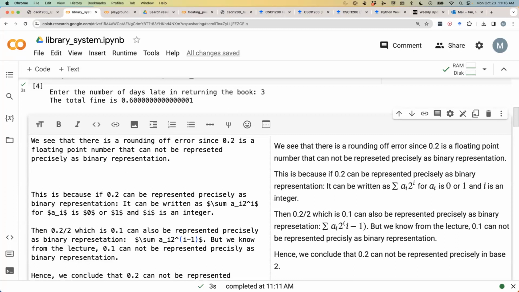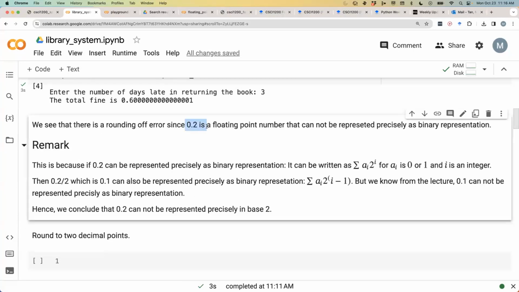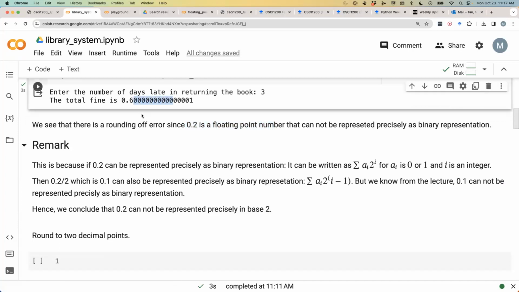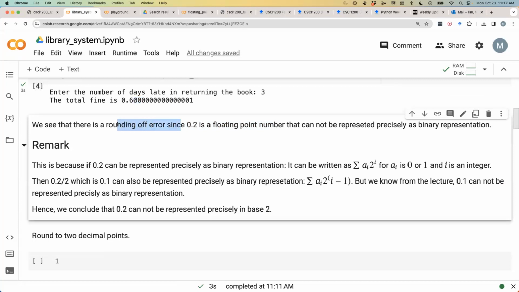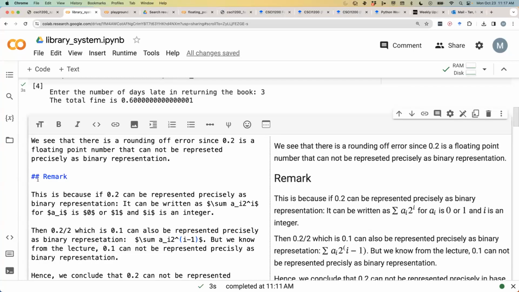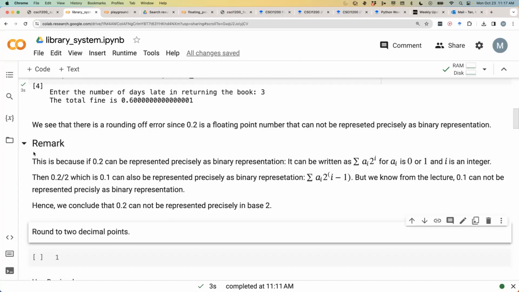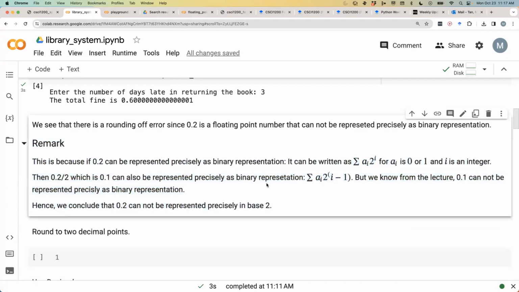So this is a remark, something extra. We know 0.2 as a floating point number will give us a rounding off error, which means 0.2 cannot be represented precisely as binary representations. The following gives you a formal proof why. If it can, that means it can be written as a sum of powers of 2.